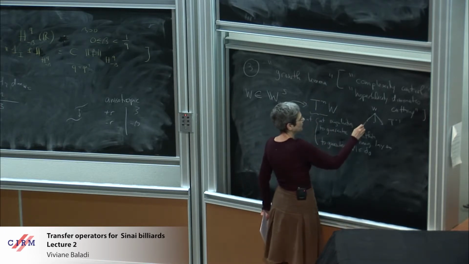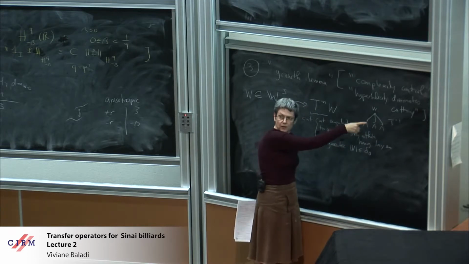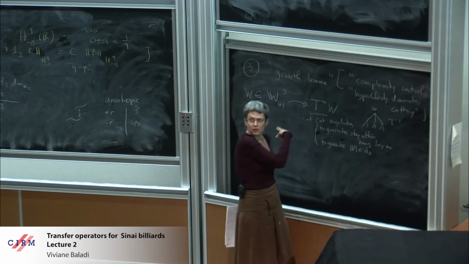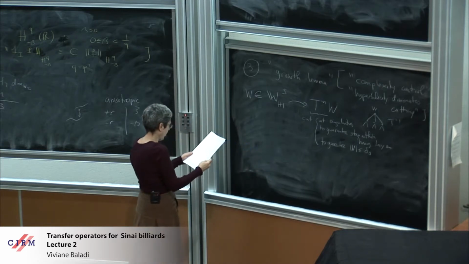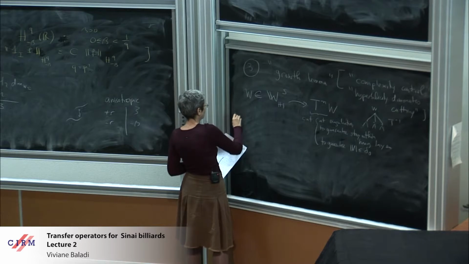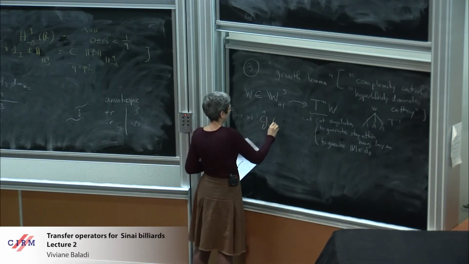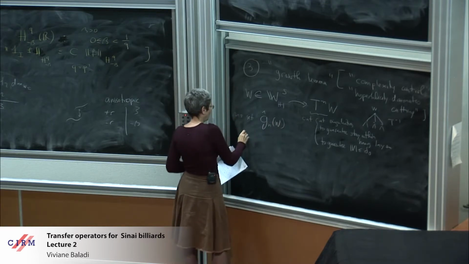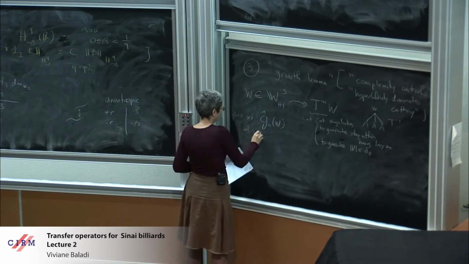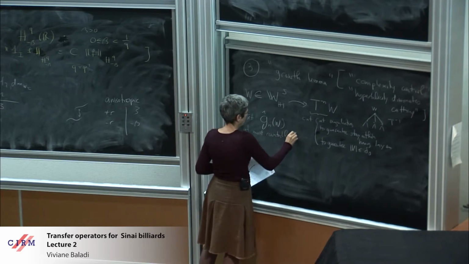So you do this n times, and you can get countably many pieces, right? Because there are countably many homogeneity layers. So when you do this procedure, you get a set Gn of W of at most countable elements of WSH.